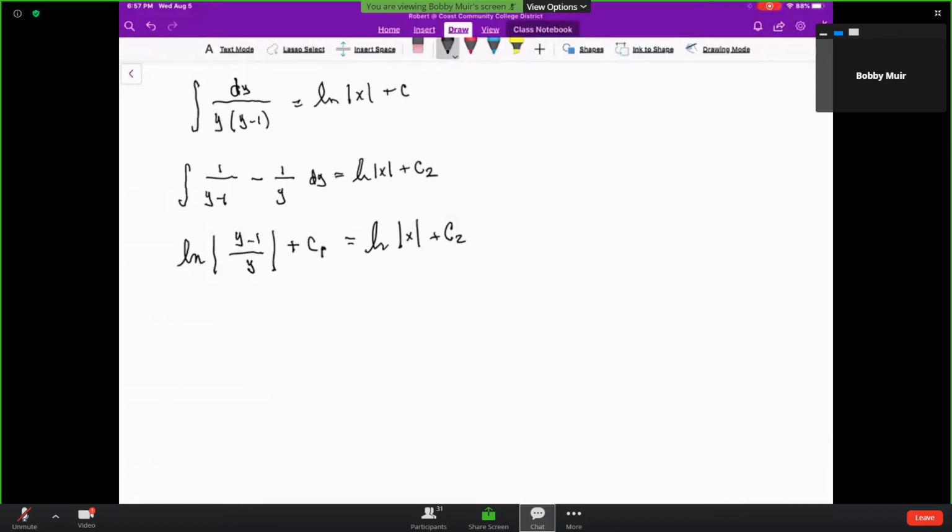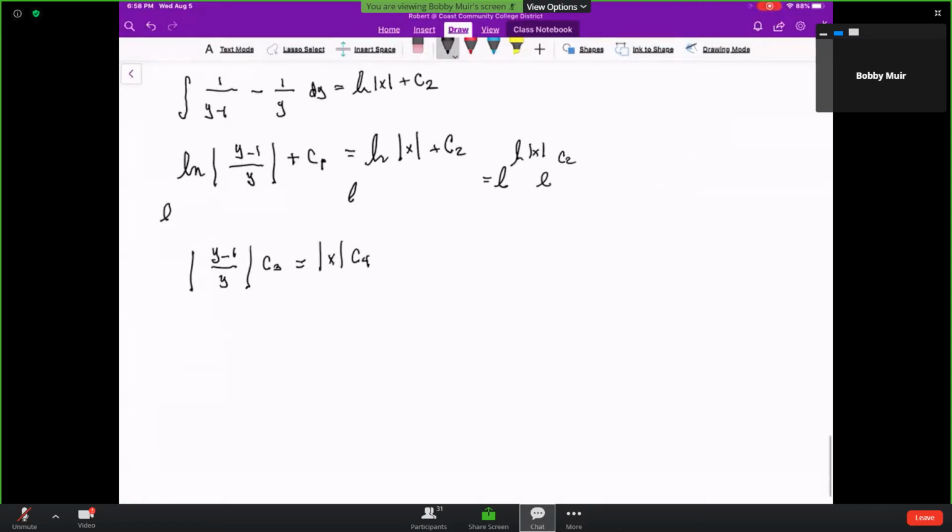Okay, so now I go e to both sides. This is e to the that. So that means we're going to have the absolute value of y minus 1 over y times another constant, C3, is going to be the absolute value of x times another constant, C4. Because the reason for this is e to the log of x times e to the C2.